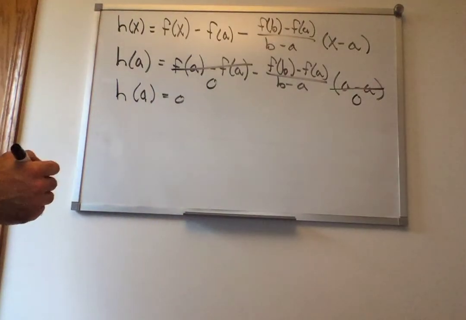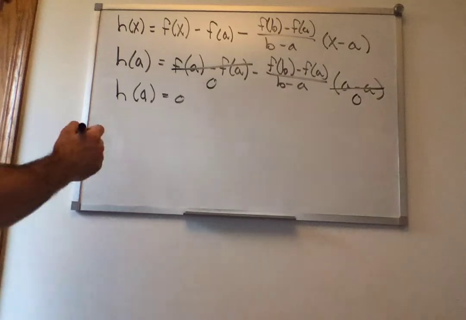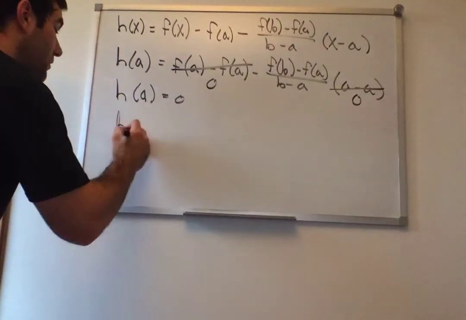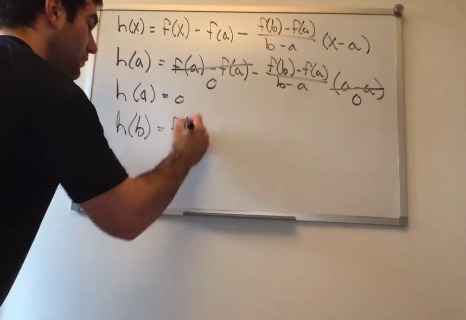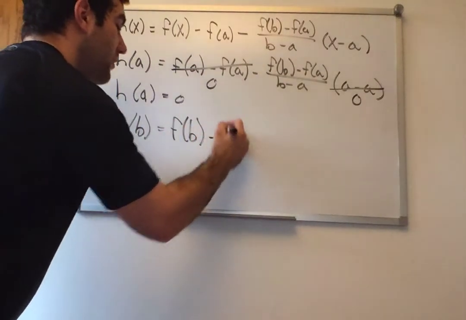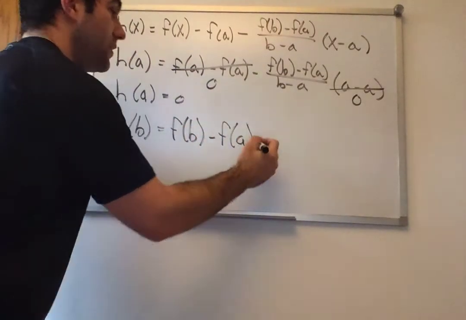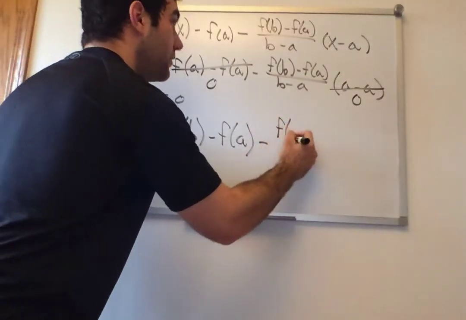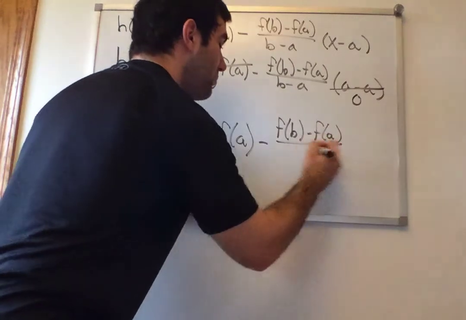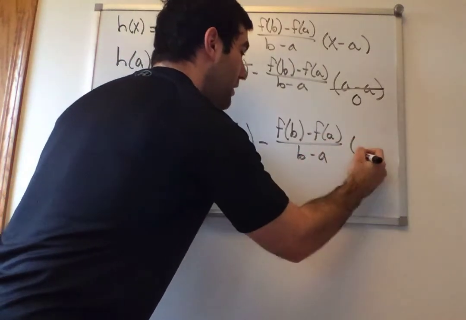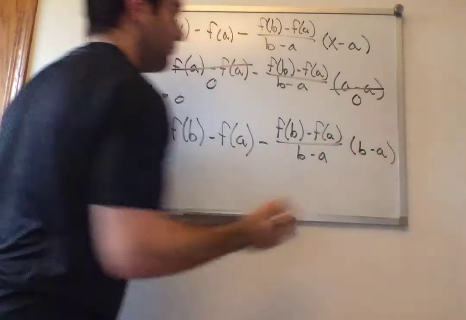Let's go ahead and find h of b. H of b is equal to f of b minus f of a minus f of b minus f of a divided by b minus a times b minus a.